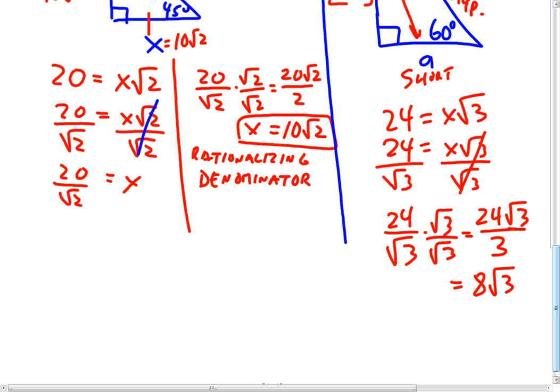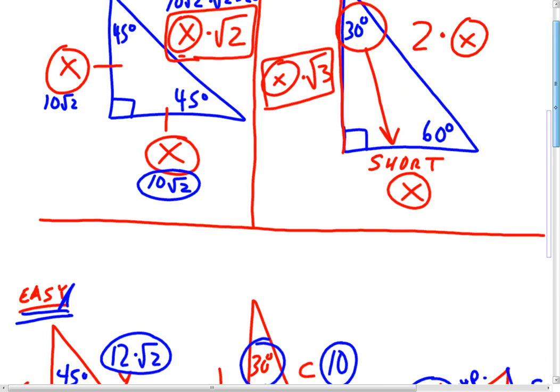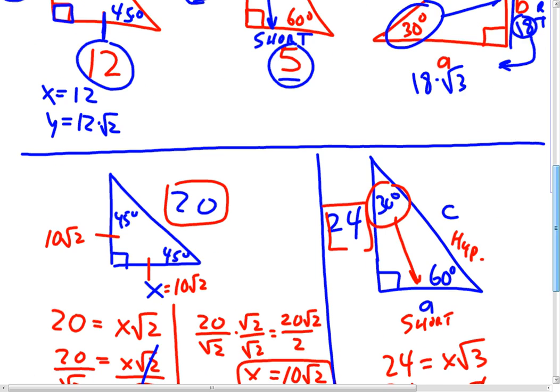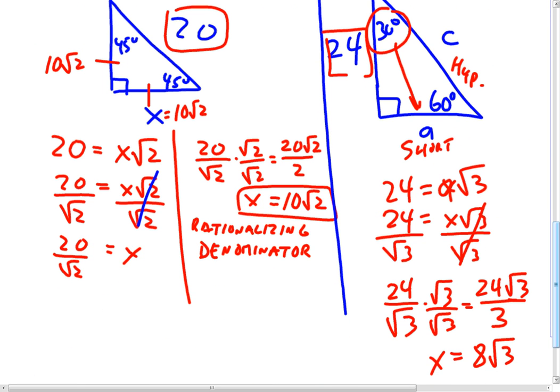What did I find? Well, I'm putting an X here, but what variable is actually in that spot? A. I've been following the variables that are here, but that's the short side. If you want to, you could put an A here, an A here, and an A here.